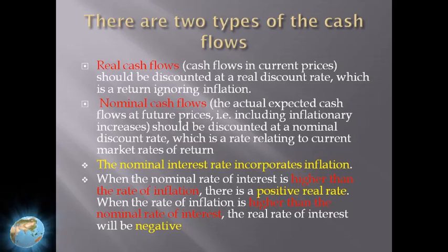When you are calculating returns for the project, you should discount at the real discount rate, which is a return ignoring inflation. You do not include inflation in your cash flows. That is the real cash flow, which is not incorporated by inflation.